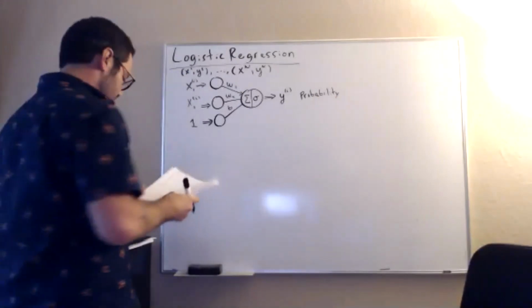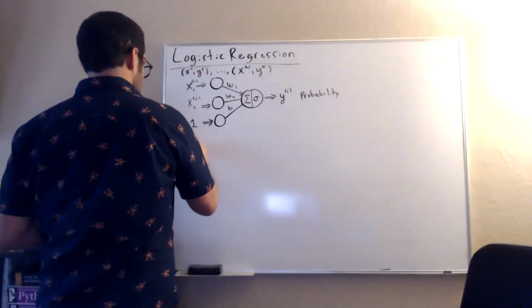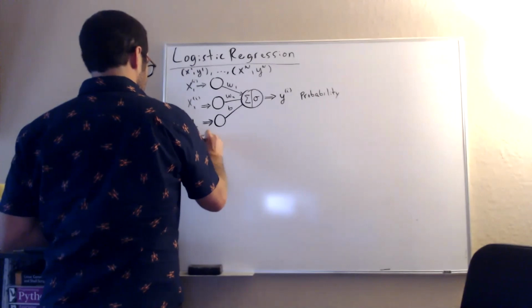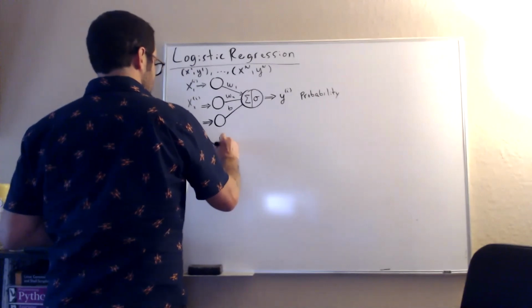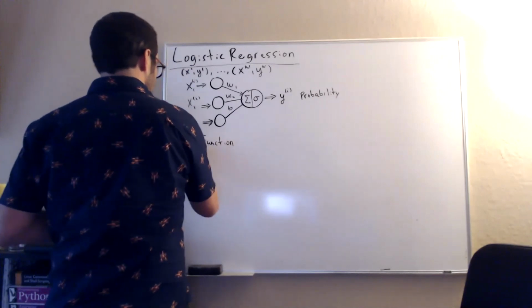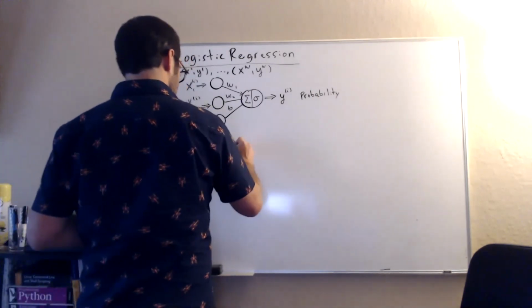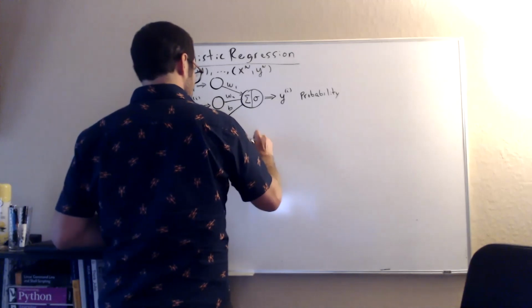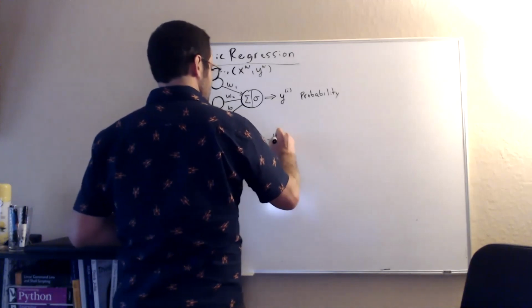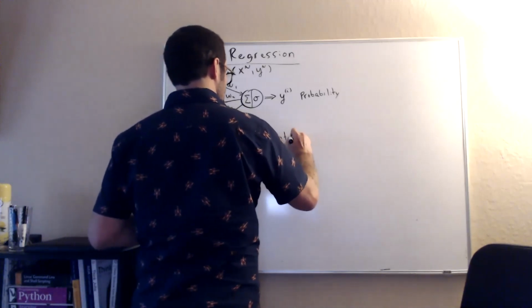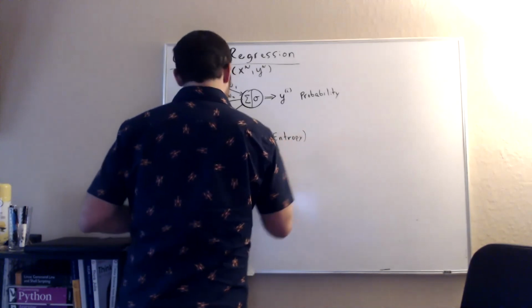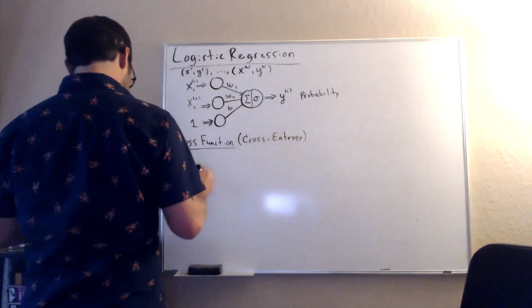So for our loss function, we use the cross entropy loss. And that looks like this.